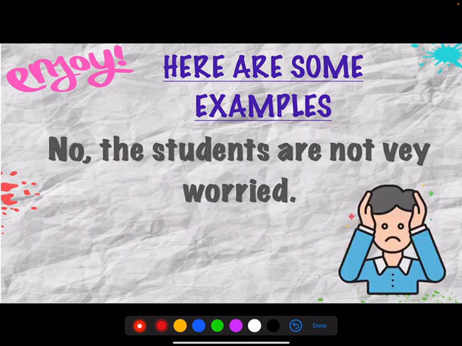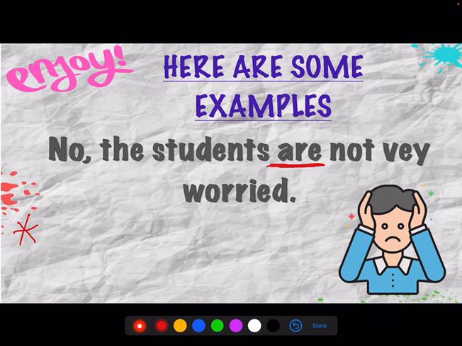Let's have another one. No, the students are not very worried. The first thing I have to do is find the verb in the sentence. Do I have a base verb like the previous example? No. I have are, which is the verb to be.